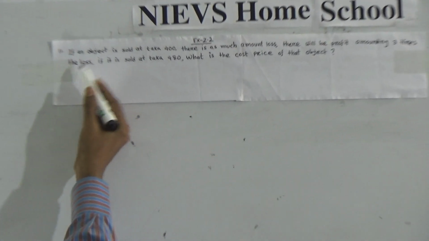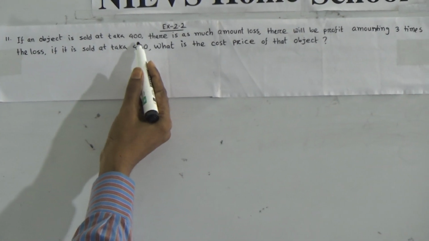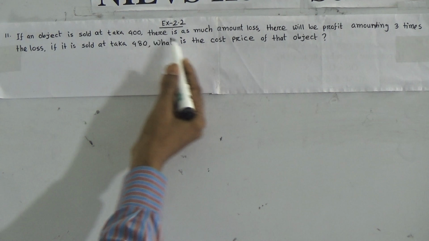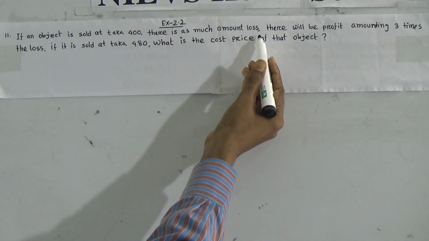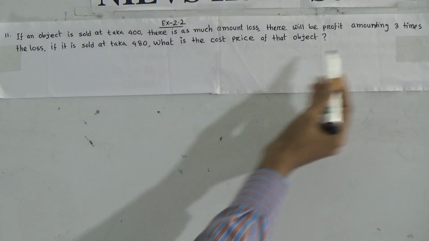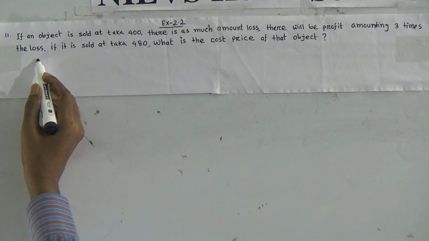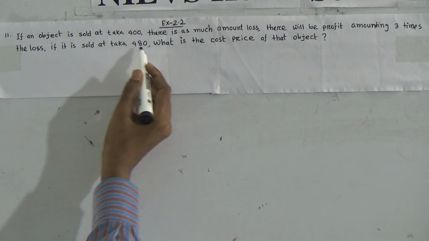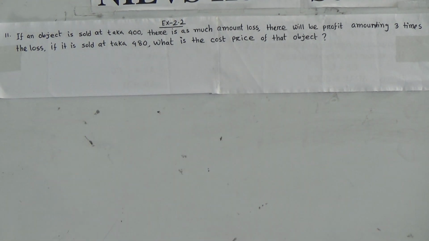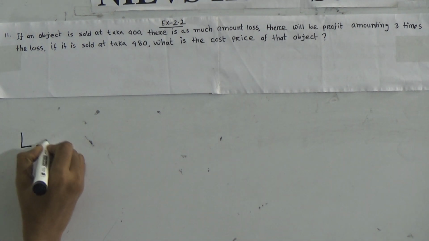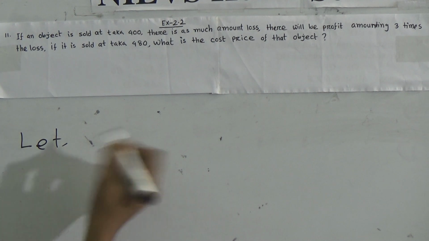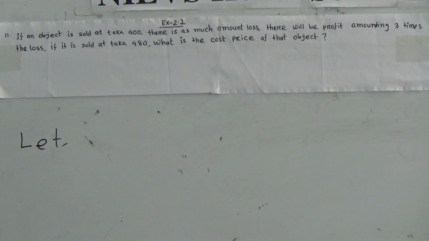Now read the question properly. If an object is sold at taka 400, there is as much amount of loss. There will be a profit amounting to 3 times the loss. If it is sold at taka 480, what is the cost price of the object? You have to determine the cost price of that object.